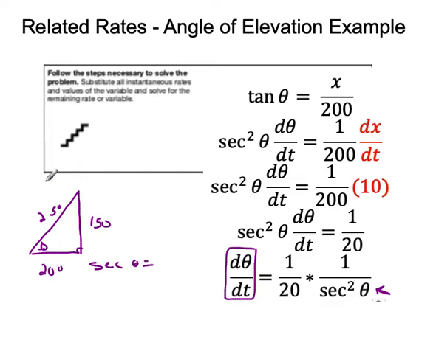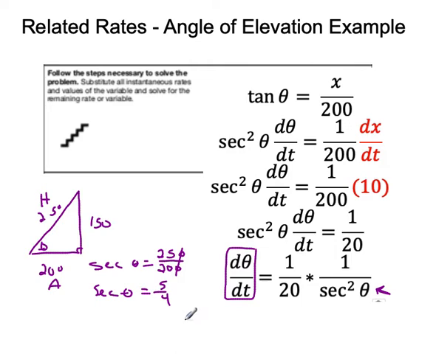So here's my angle. My hypotenuse is right here, and my adjacent side is here. So I'm going to say that it's 250 over 200. So 25 divided by 20, the secant of theta simplifies to 5 over 4.